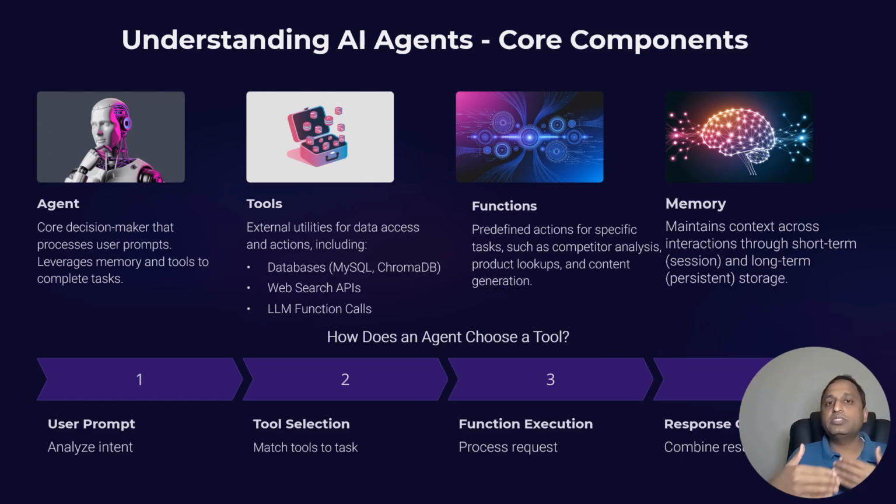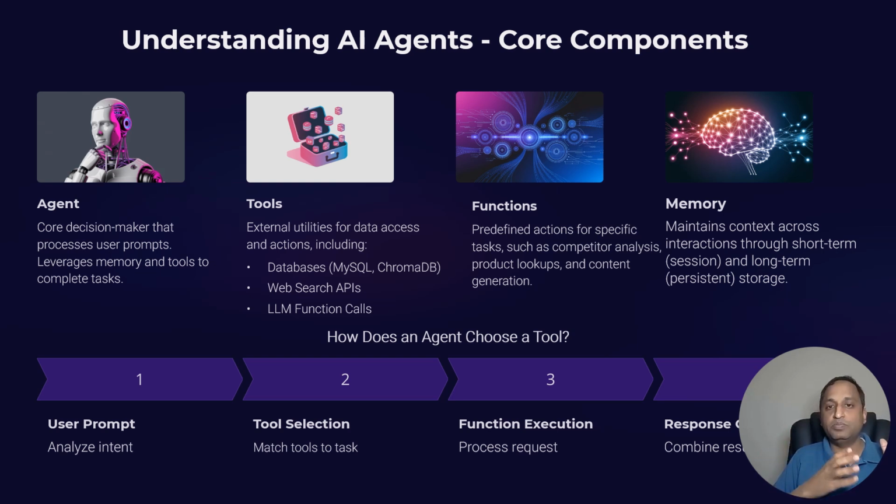So let's get to this concept of AI agents in more detail. AI agents are more than just chatbots. They are intelligent systems designed to dynamically process user inputs and determine the best way to respond. Let's break down their core components. The core is the agent, which is a decision maker, the brain of the system.